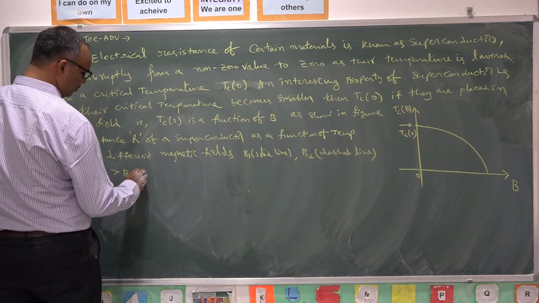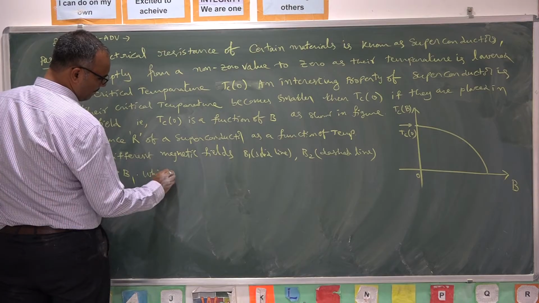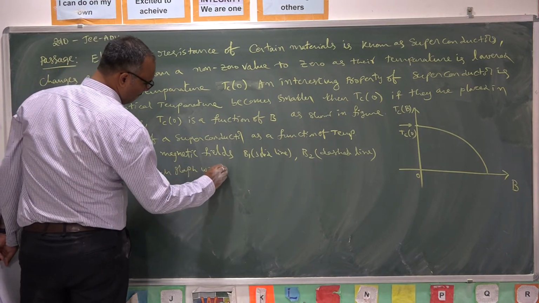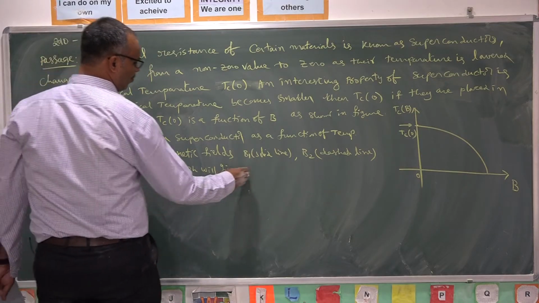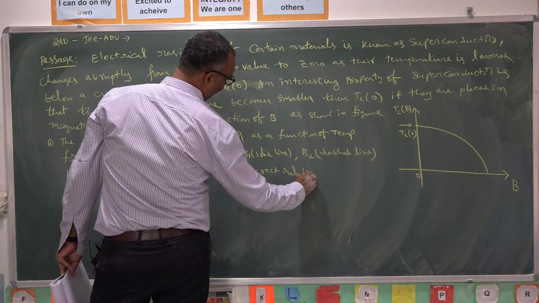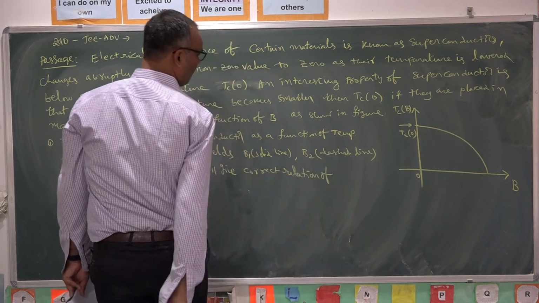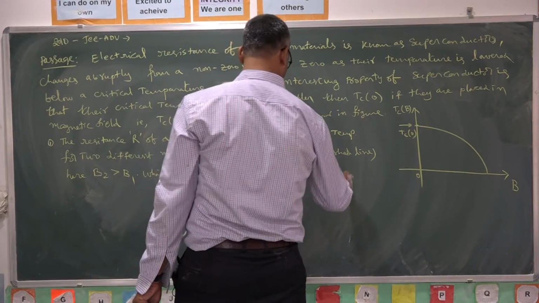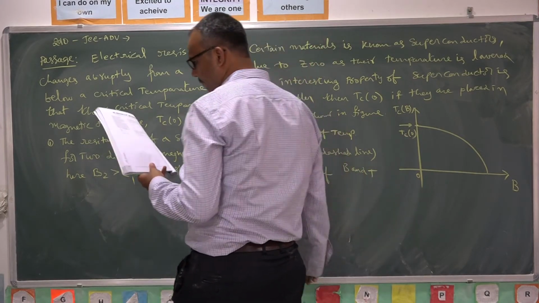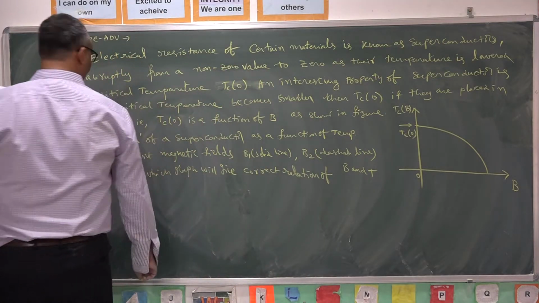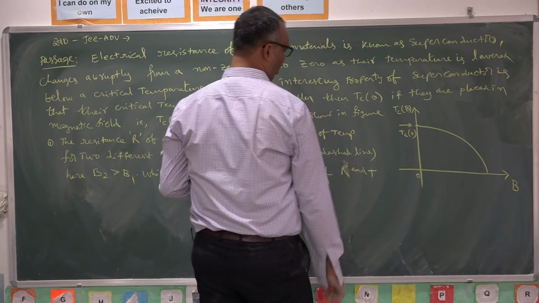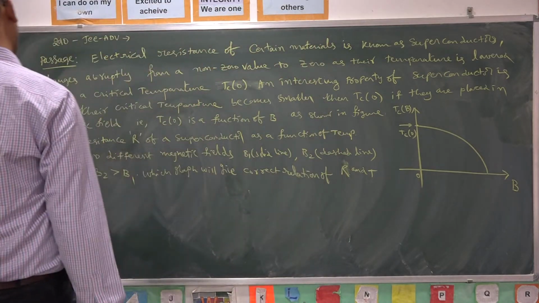Which graph will give the correct relation of B and T? Which graph will give R and T? They gave 4 graphs.